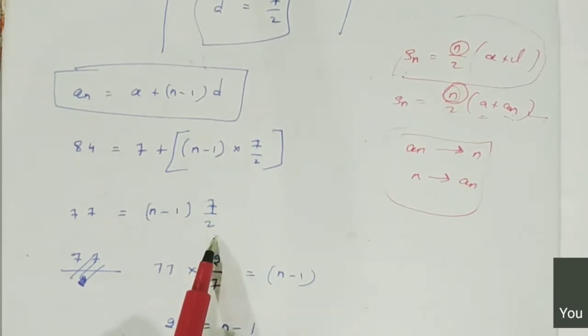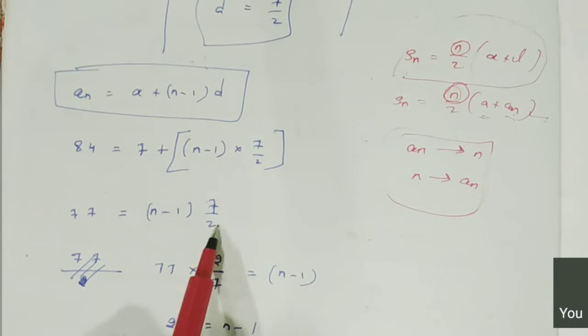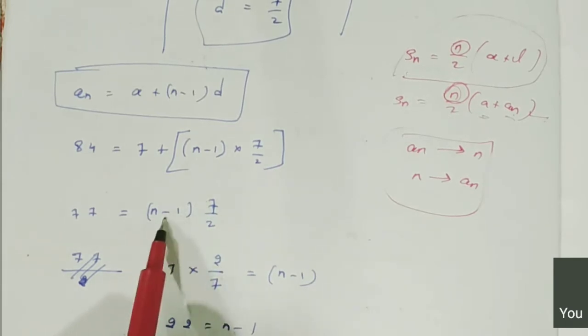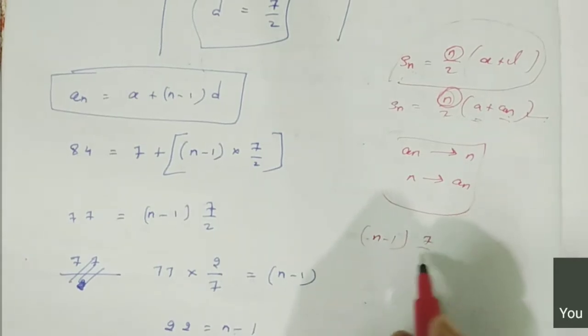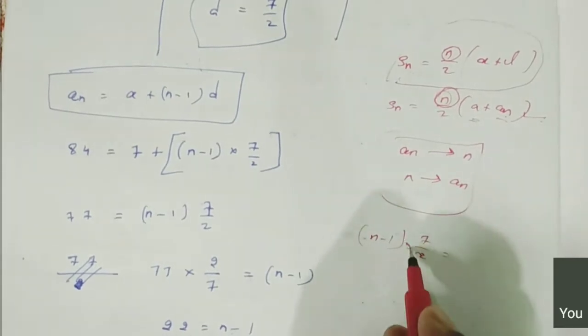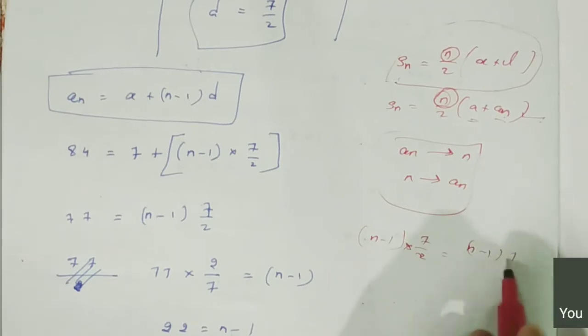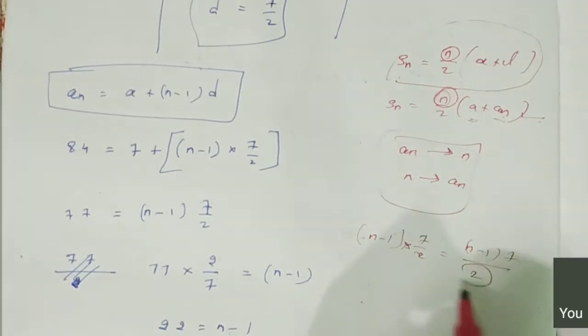Are you clear? Now the 7 by 2 is common for n minus 1. So it means n minus 1 into 7 by the whole 2, right?